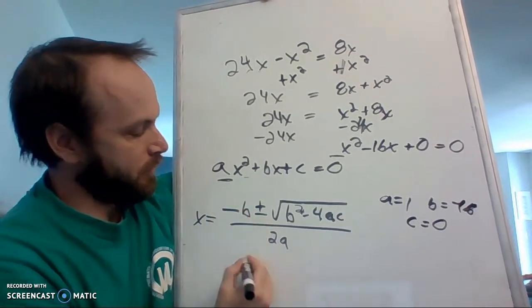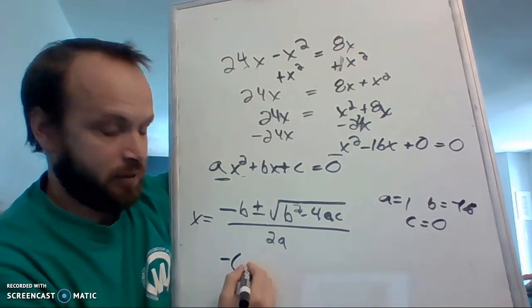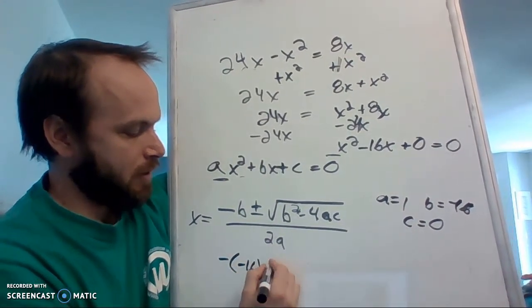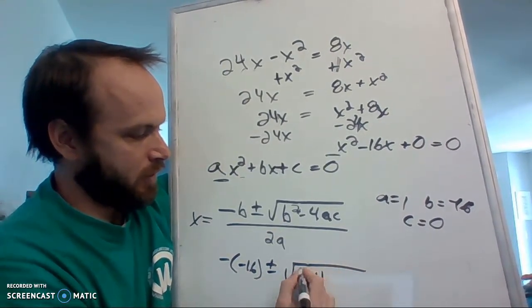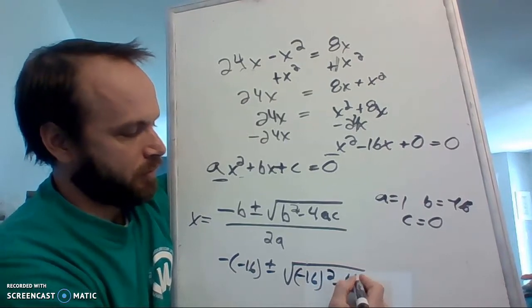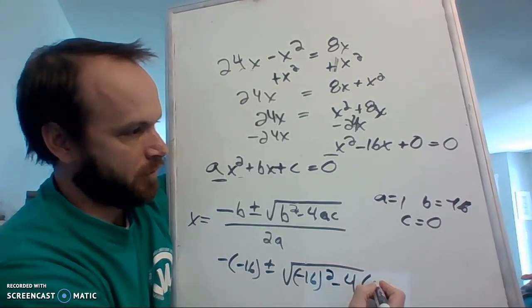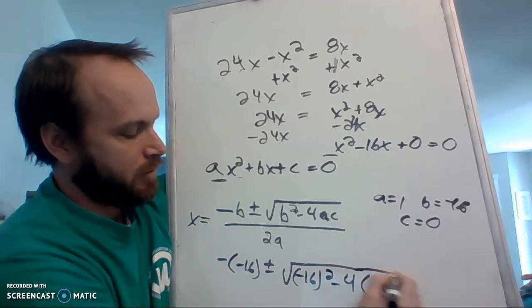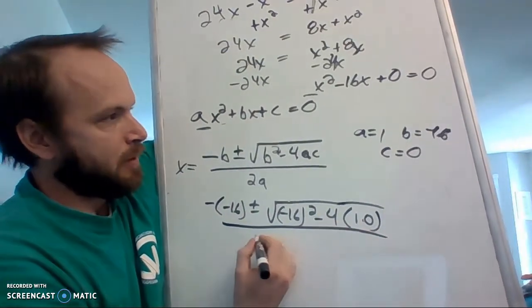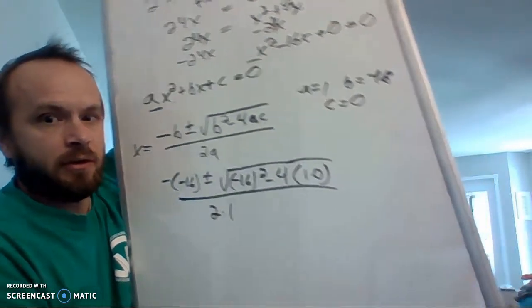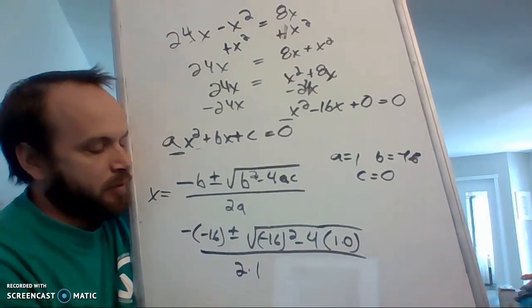B is negative 16, so I have negative negative 16 plus or minus the square root of negative 16 squared minus 4 times 1 times 0, and then all over 2 times 1.